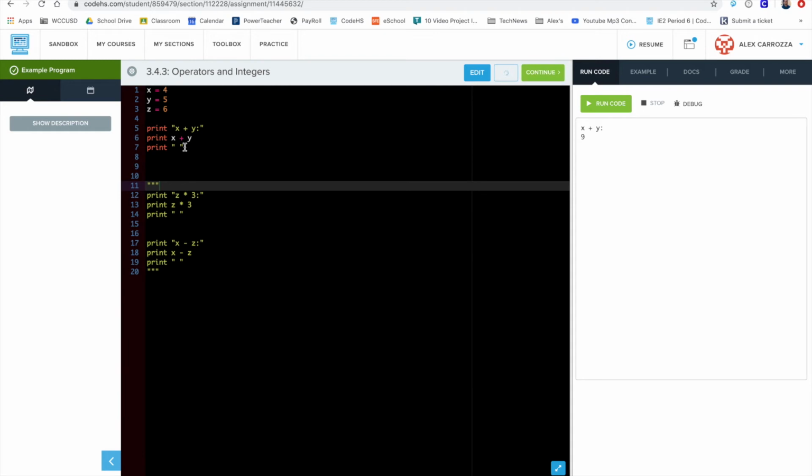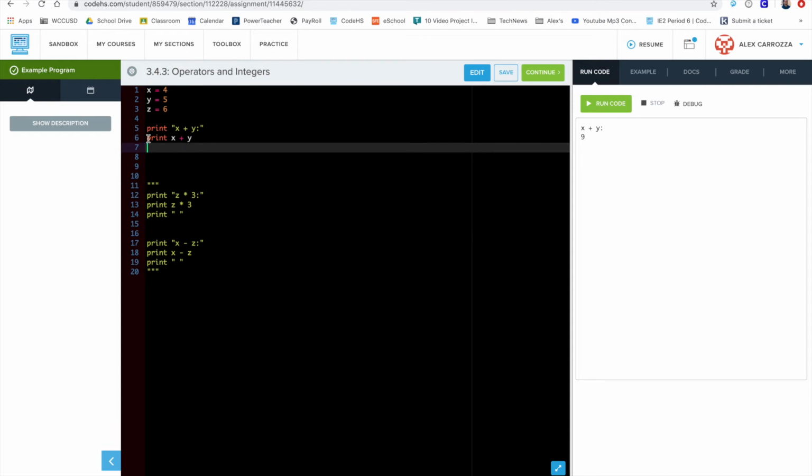So we run our code, and the first line is print x plus y colon. All that's going to do is print out whatever text is in those quotations, right? Then on line 6, we're asking print x plus y. So it's actually using our variable values. So we have print x plus y, which is 4 plus 5, and that comes out to 9. And so then it'll look like this.